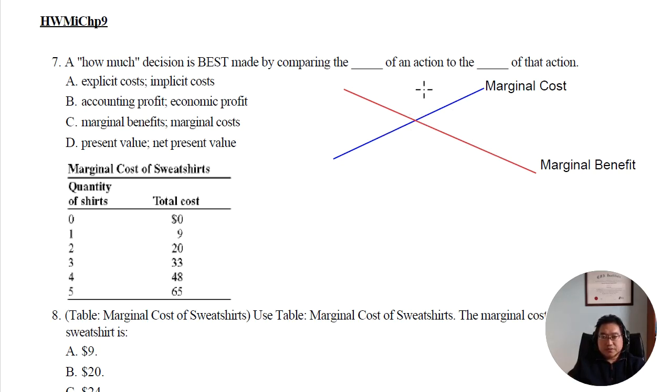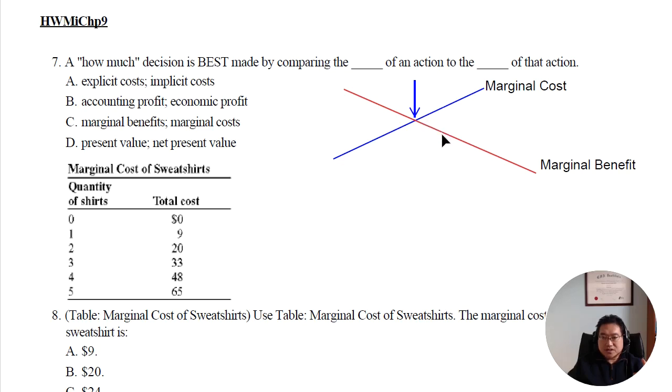So the marginal benefit can decrease, the marginal cost usually increases, and we want to stop the activity, right? At how much point where the marginal cost equals the marginal benefit. If the marginal cost is higher than the marginal benefit, your total benefit will start to decrease. Okay, think about it. You do it another hour, right? Here the cost is higher than the benefit.